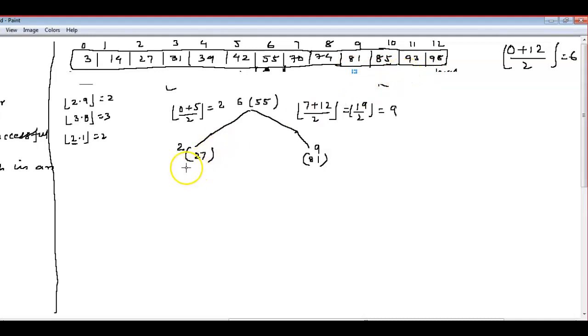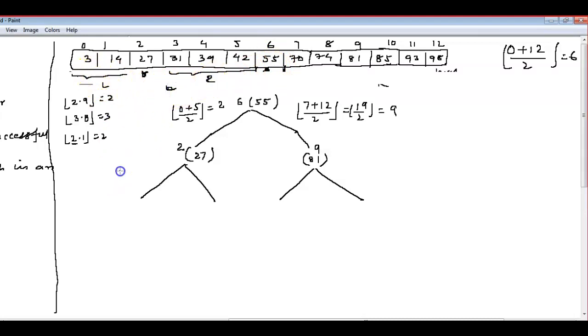So now this one again we will divide into 2 parts, this and this. Binary tree means the level will be equal. So this one and this one. 27 we already got here. So now the left elements are this, and the right elements are this, right? And 55 is already included, so you do not have to take it. This is left, this is right.